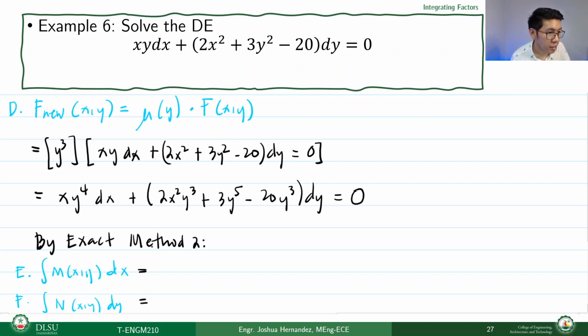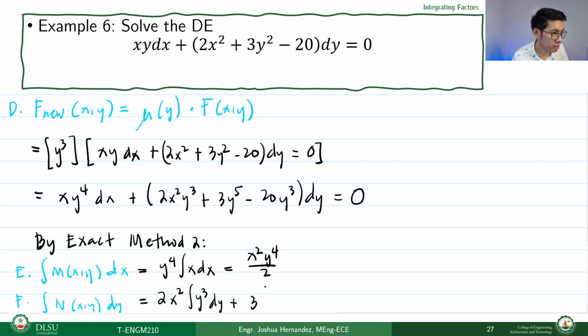Magkakaroon tayo ng integral of y to the fourth x dx, and that is equal to x squared y to the 4 all over 2. How about this one? The integral of, we're integrating with respect to y. So, pwede natin i-factor out si 2x squared y cubed dy plus 3y raised to 5 dy minus 20y cubed dy.